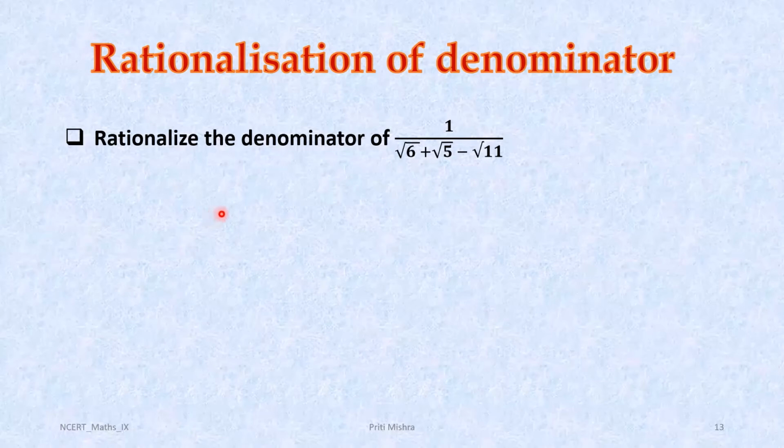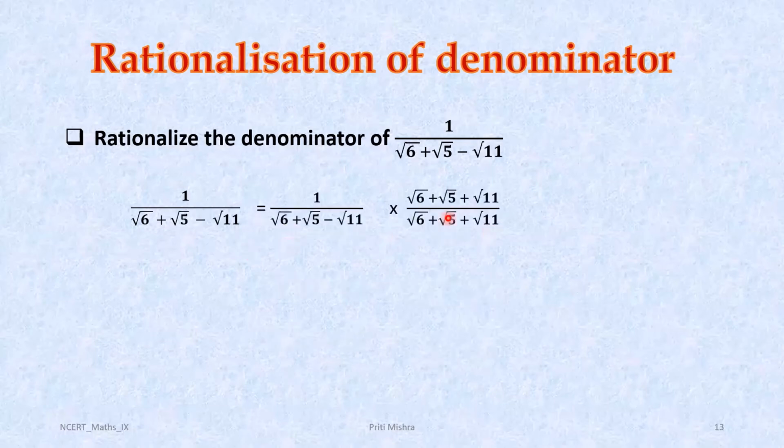Again, we will multiply in the numerator as well as in the denominator with the conjugate of this number. What will be the conjugate of this number? That will be root 6 plus root 5 plus square root 11. So let's multiply with that number in the numerator as well as in the denominator.